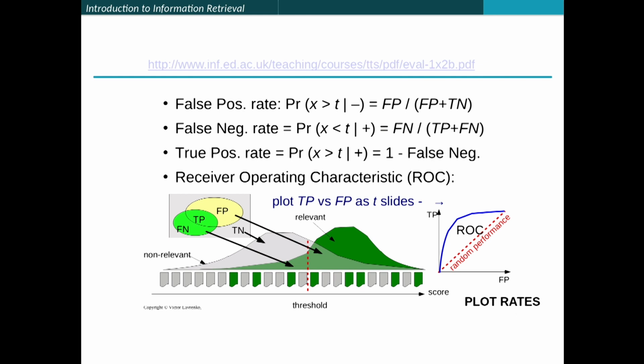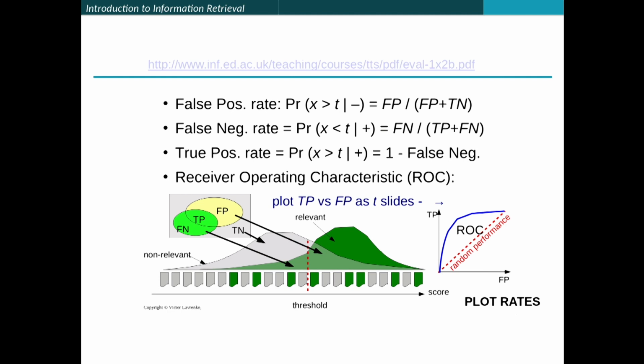Another mechanism we could exploit in order to evaluate the performance of our system is to try to figure out what is the relationship between the false positive rate. Notice that here there is always a missing R, but it's false positive rate and true positive rate.